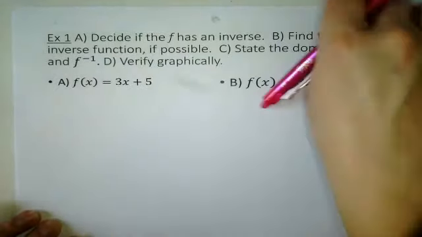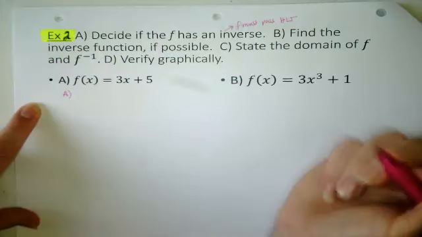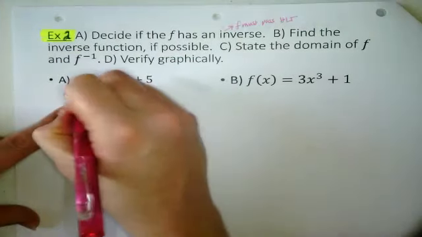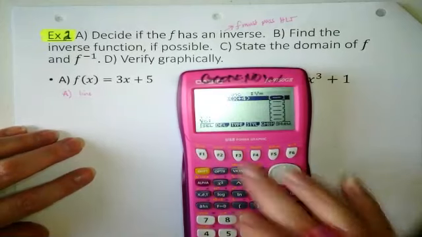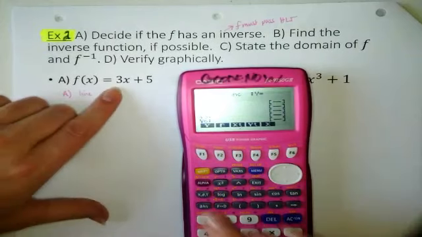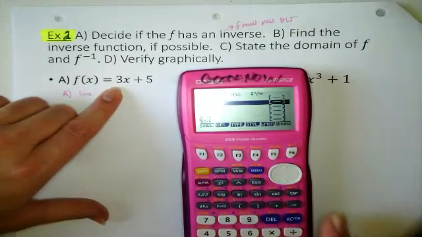All right. So for part A, this first graph is a line. You could graph it on your calculator. In fact, I will. Go ahead and graph this equation, 3x plus 5.